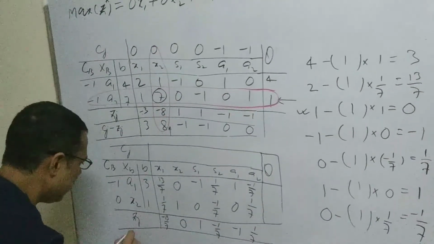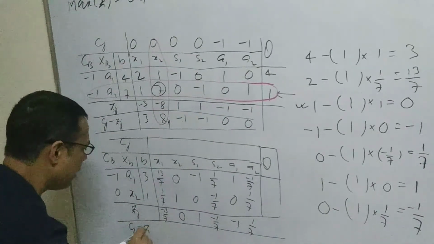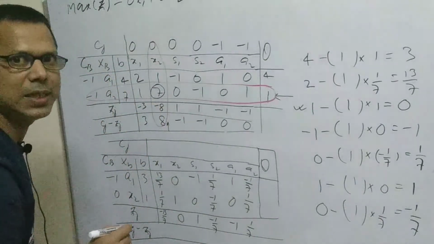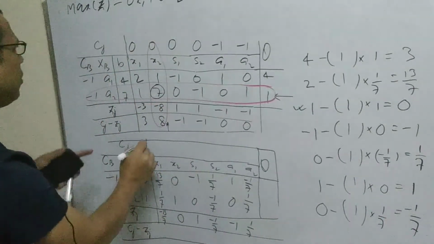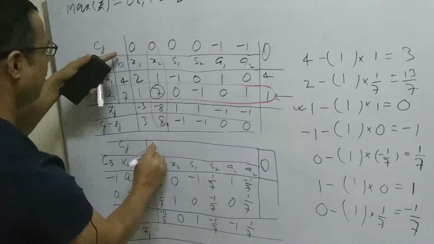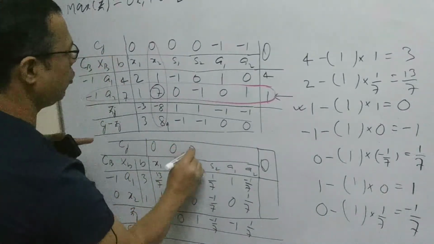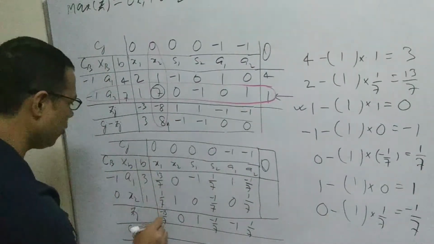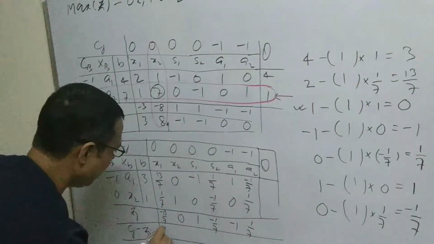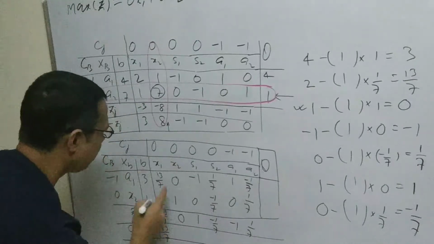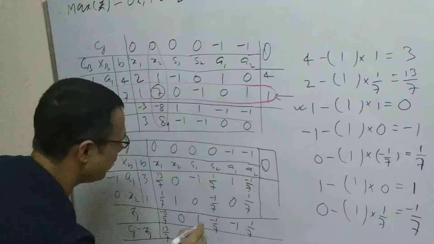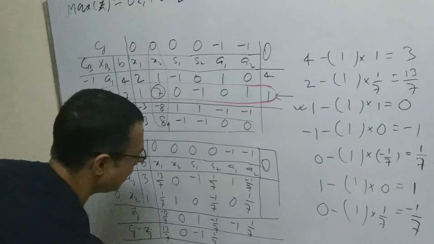Now to get the values of Cj minus Zj, simply copy the Cj values as given: 0, 0, 0, 0, minus 1, minus 1. Then subtract: 0 minus 0 gives 13 by 7, 0 minus 0, 0. 0 minus minus 1 gives plus 1 by 7.